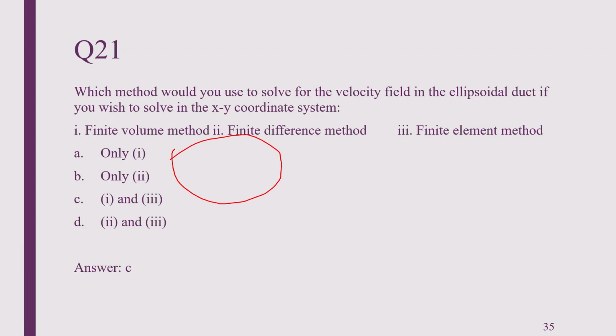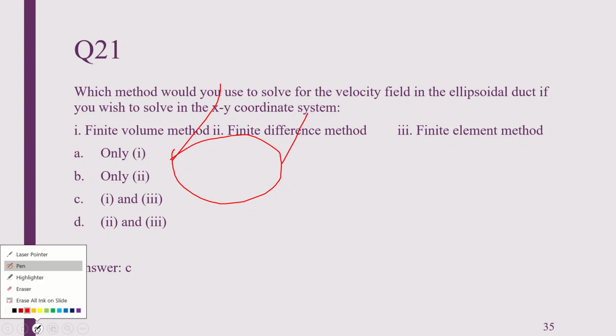For example, the duct is like this. If we are willing to use the xy coordinate system, we are using the Cartesian coordinate system. So here the finite difference approach is not possible, because in the finite volume method we would be dividing the geometry or domain into small volumes. A similar thing is applicable in the finite element method, where individual elements are divided.